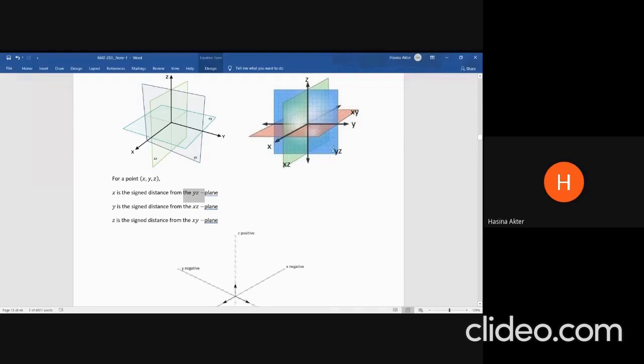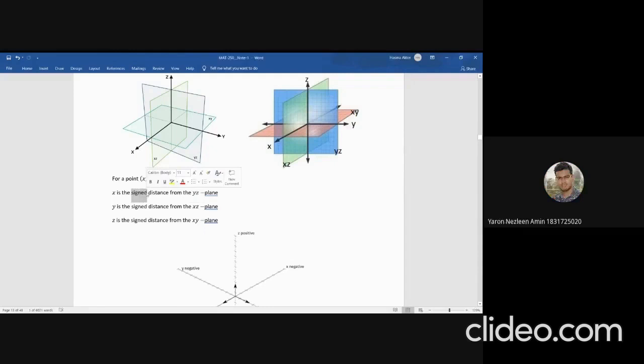Any point in front of the blue plane has positive X. If you go behind the blue plane, then any point behind it has a negative x coordinate. The distance will be given by x with a negative sign if it is behind the plane. If it is at the front side, then the distance will be given by a positive sign. That is what is meant by the signed distance. Do you understand this?